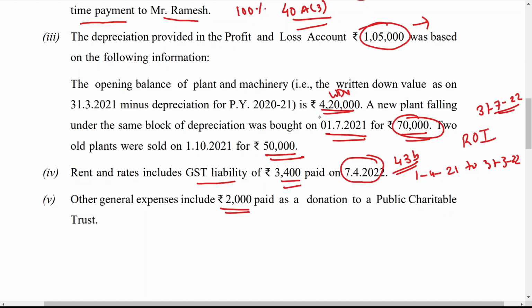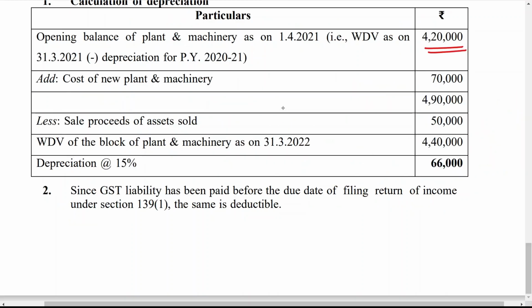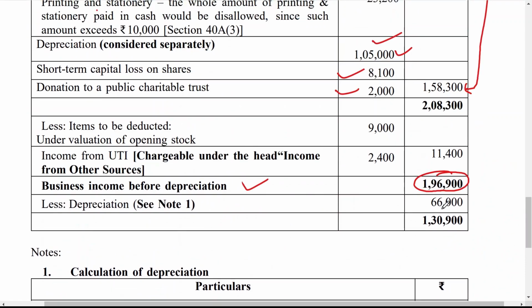So it is general plant and machinery, and 15% is applicable to it. That you have to keep in mind. Written down value of block of plant and machinery at 31st March 2022 is 4,40,000. So depreciation at 15%: if you charge 15% of 4,40,000, you will get 66,000.